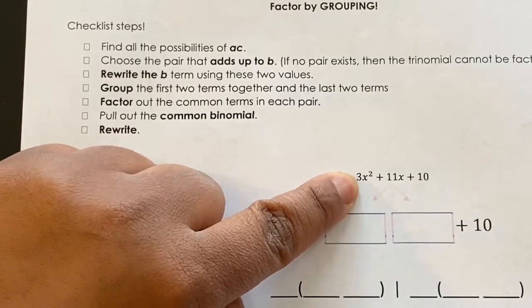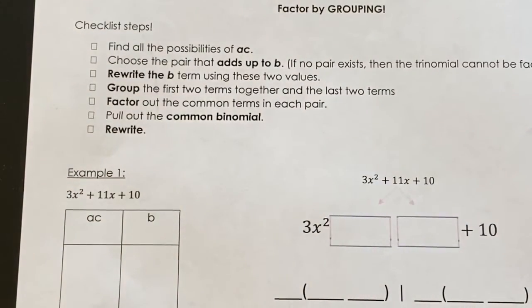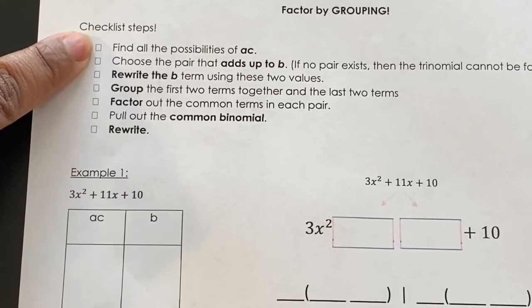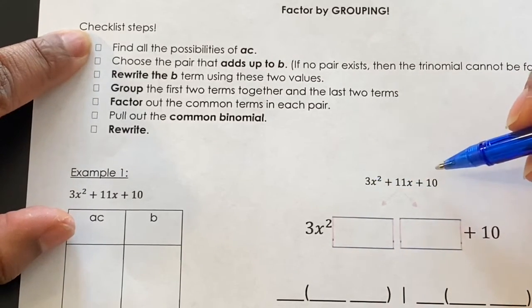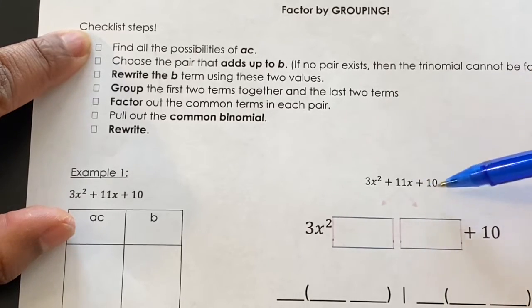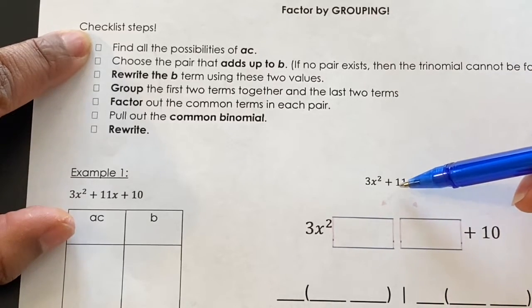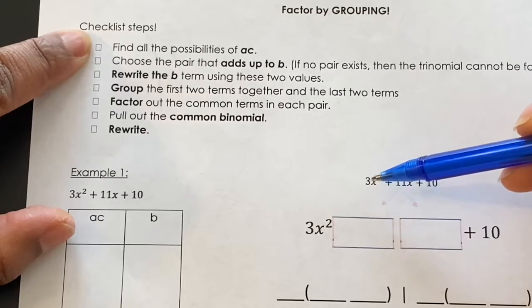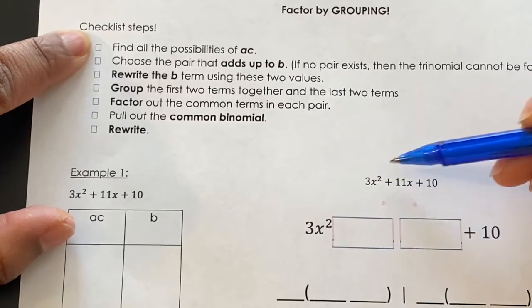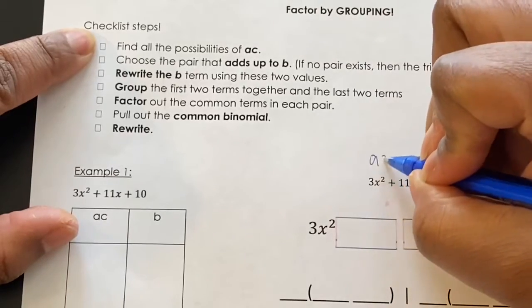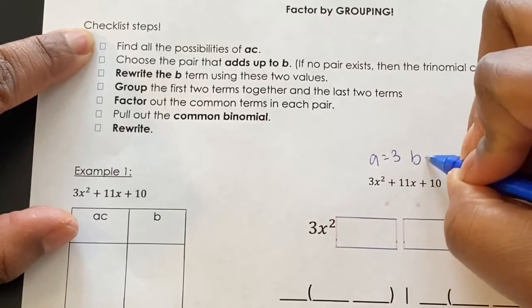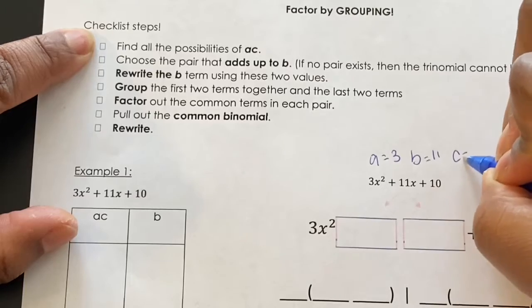Now I have to figure out what to do to find the factors, because this quadratic does have factors. If you look at the checklist here, the first thing you do is find the factors of a times c. In previous lessons, we would just find the factors of c that add to make b, but because we cannot make a equal 1, we now have to find the factors of a times c. Here a is 3, b is 11, and c equals 10.